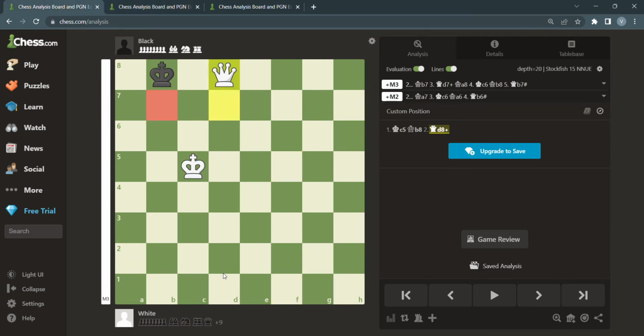Imagine there's a bishop here. It would be able to come from here to here and would block the check. Oh no, sorry. Imagine a bishop was here. It would be able to capture. So the way to escape a check is to run for it, block it, or take it.